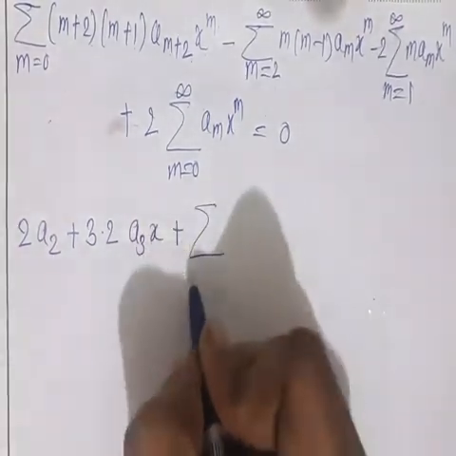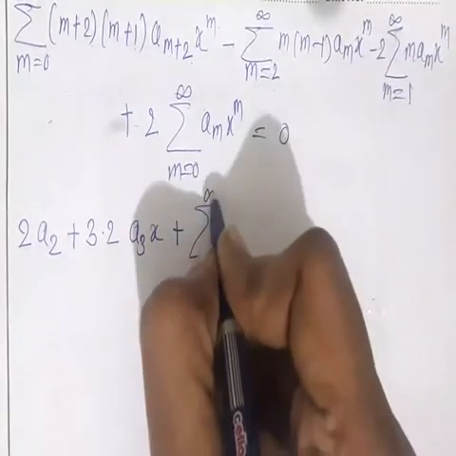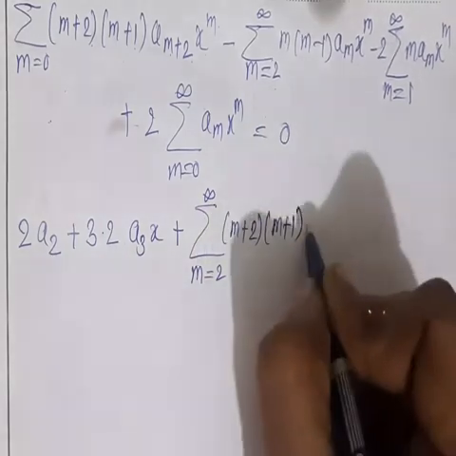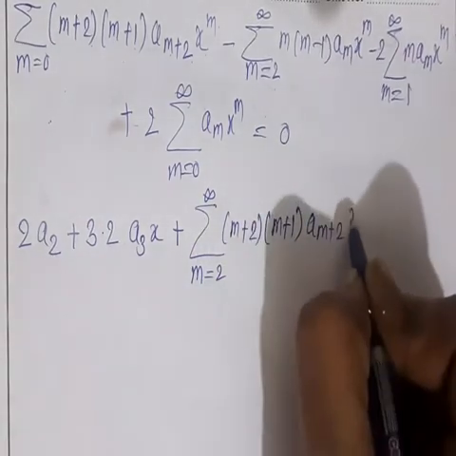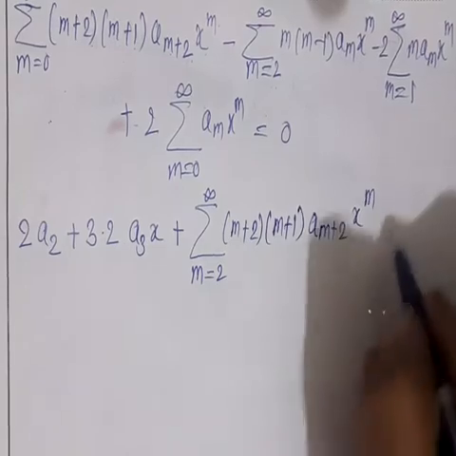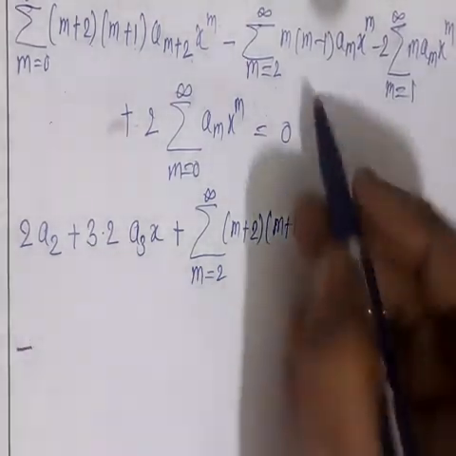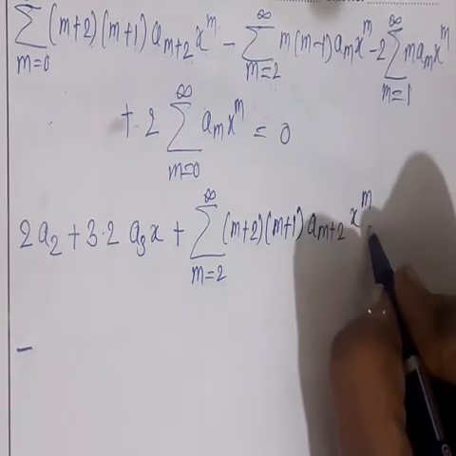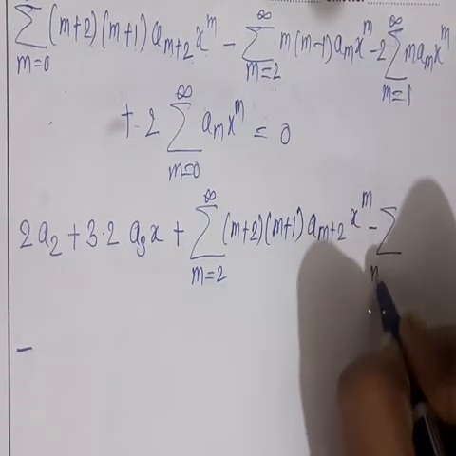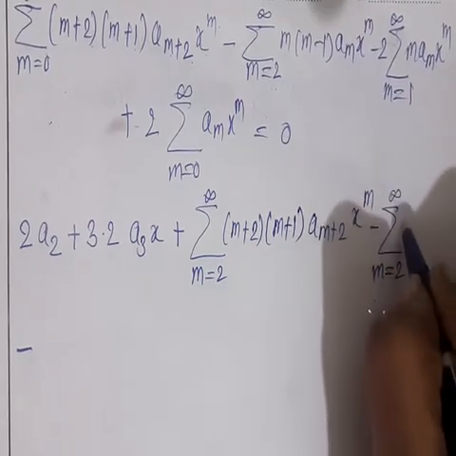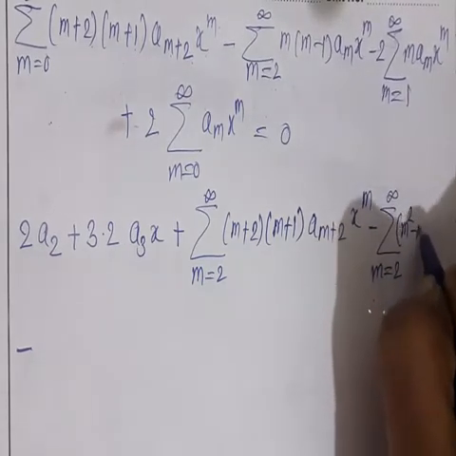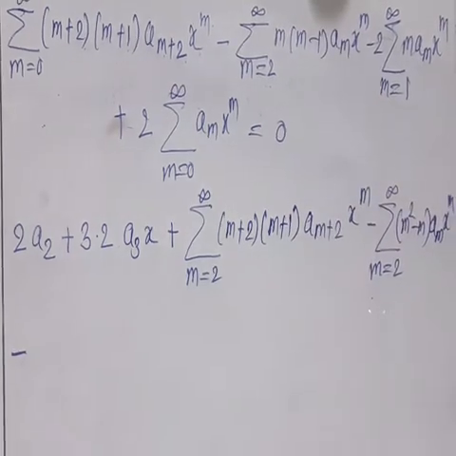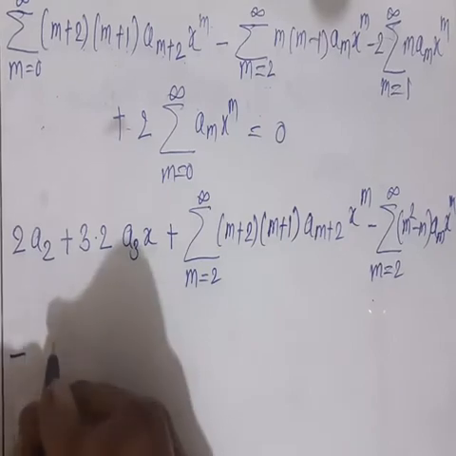Next we want the summation from m is equal to 2 to infinity. So we write as it is m plus 2, m plus 1, a of m plus 2 x to the power m, minus. The next summation starts from m is equal to 2 to infinity, so we keep it as it is: minus summation m is equal to 2 to infinity m into m minus 1, which is m square minus m, multiplied by am x to the power m, minus.